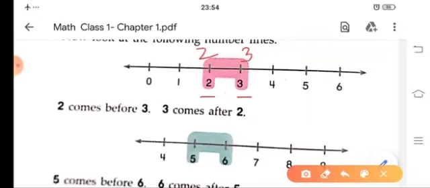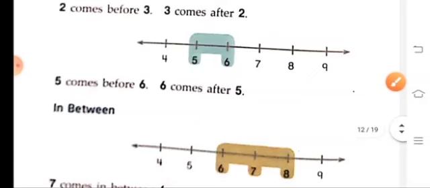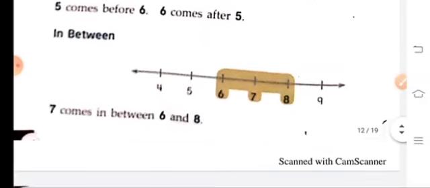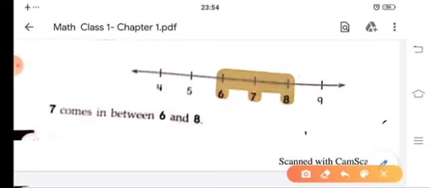Okay, again see this next picture. Which number is present before 6? That is 5. And which number is present after 5? That is 6. Okay, children. Now see the next picture. In between. In between means you. I told you earlier that you are standing in the middle, Ayush is standing in front of you, and Samya is present at the back of you. So you are the middle one, Ayush is before you, and Samya is after you.